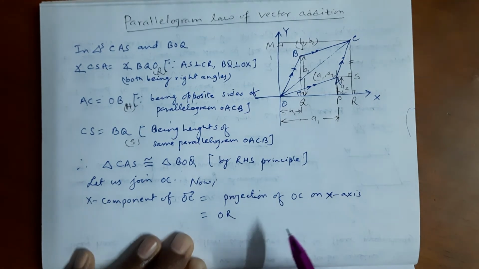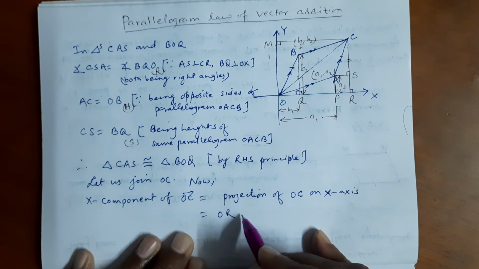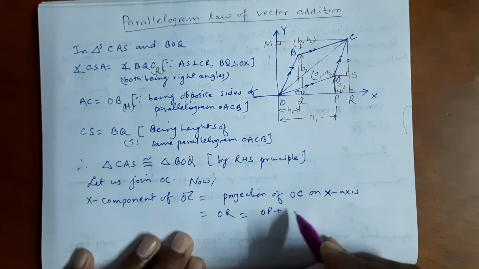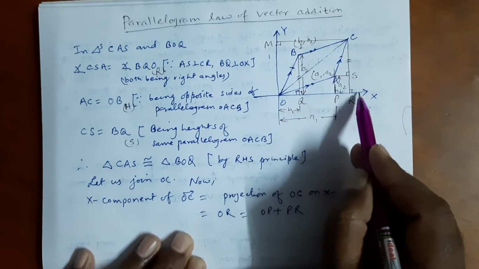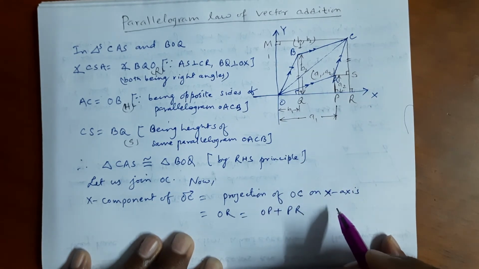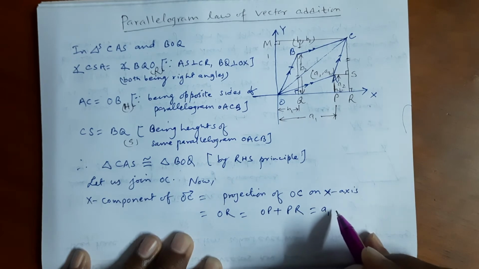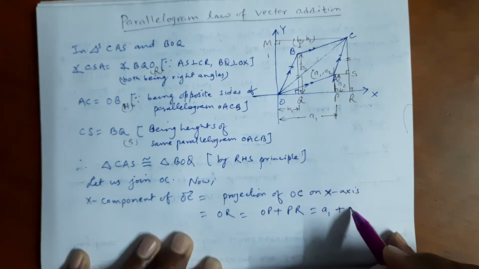Okay, and this OR is equal to OP plus PR, as you can see clearly from the figure. And this OP is A1, and PR is equal to AS.